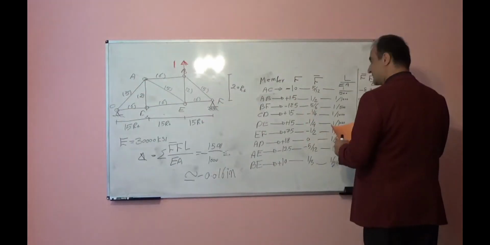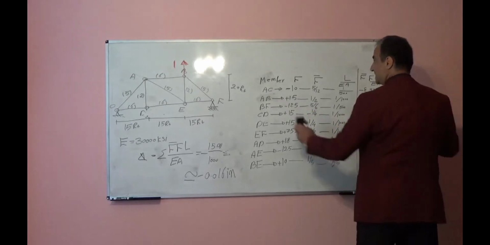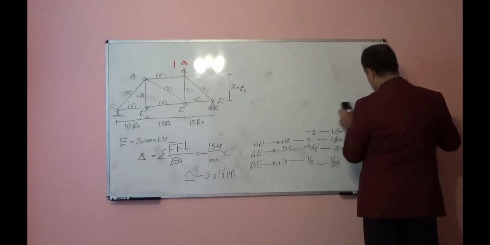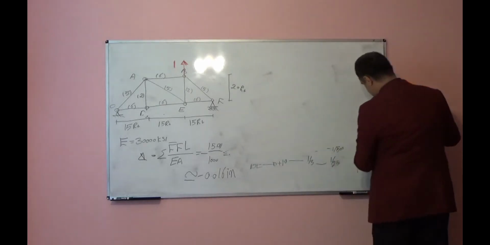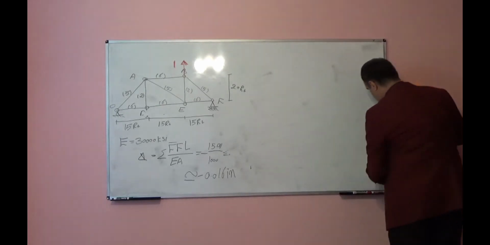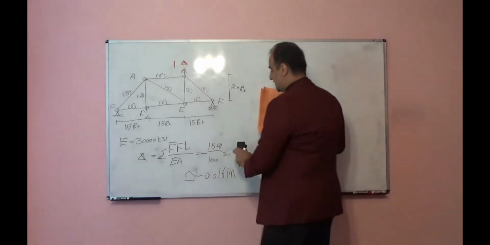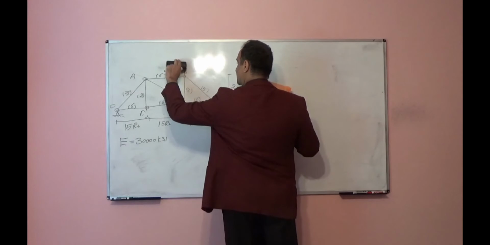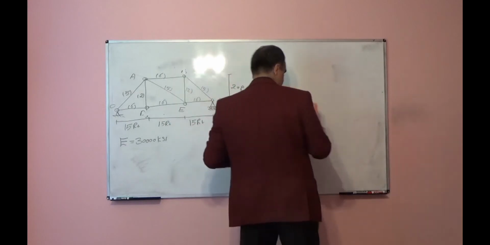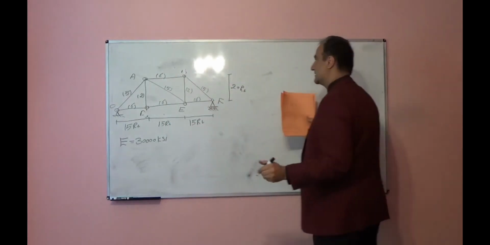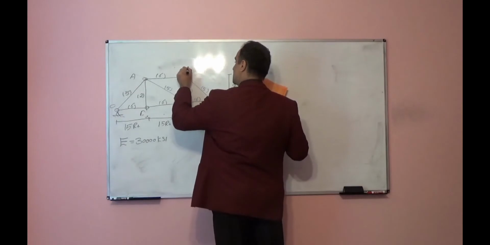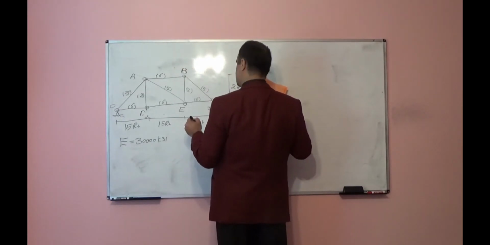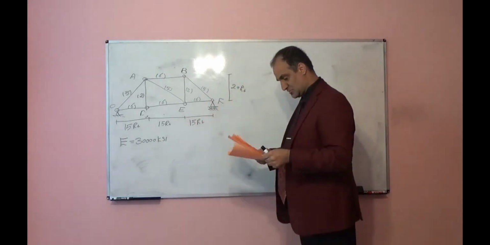Let's look at the next problem. Next problem, we have the same truss, but we have an extra support. So we have the same truss, everything is the same: the shape, dimension, cross-section, Young modulus, and even the external load.